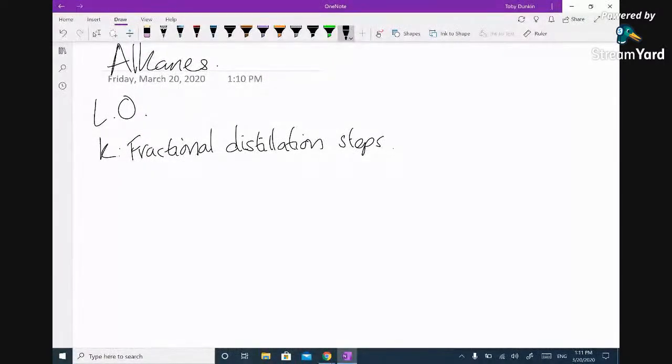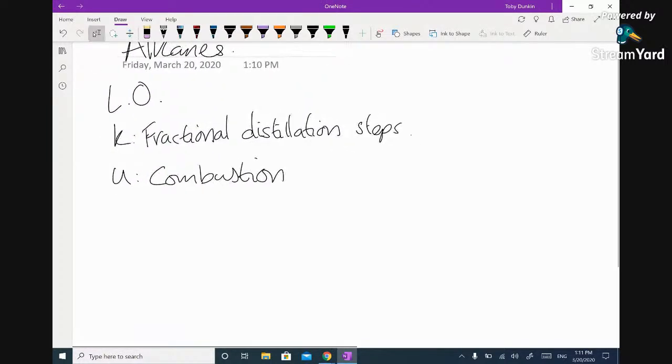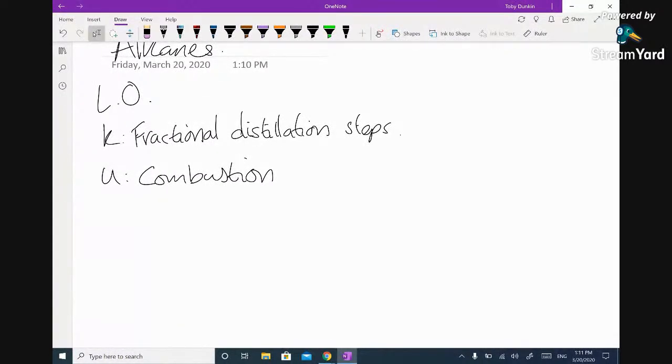Then after that, we need to understand combustion, again done at GCSE. But the equations are now going to get asked far more heavily, and they're going to be expecting you to be able to give equations for longer alkanes, which means balancing becomes a bit more challenging. I'm going to put combustion, and I'm also going to tack on, of course, pollution.